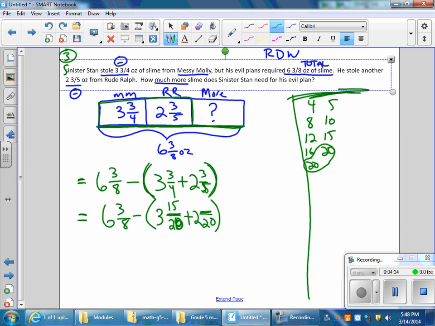So I'm going to multiply my numerator by 4 to get 12. I now have 15/20 and 12/20 together with my whole number. Okay? I'm then going to add my 2 whole numbers, and then add my fractions, 15 and 12/20ths gives me 27/20ths. I'm going to subtract that from 6 3/8.